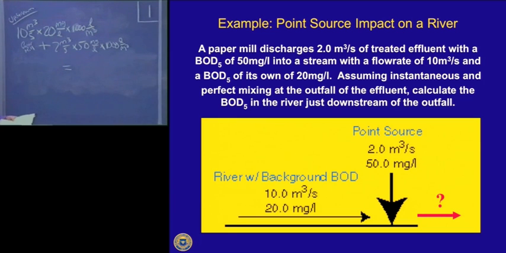It can only go downstream, right? That's a continuous phase. So we've got now 12 cubic meters per second times the concentration just downstream. And we solve, and C is equal to 25 milligrams per liter.